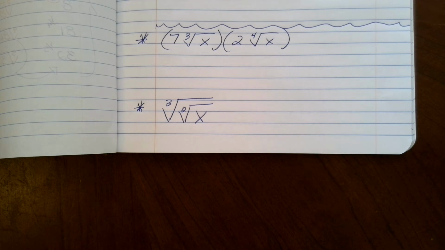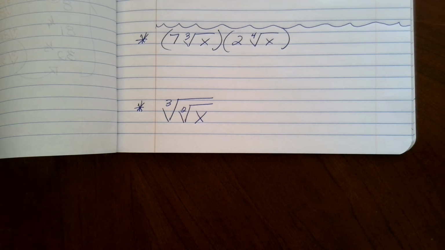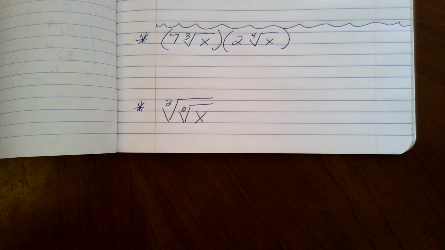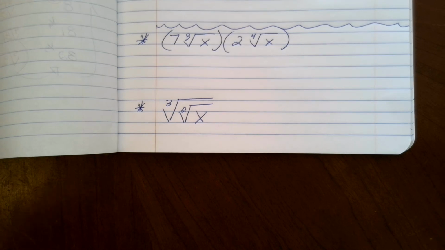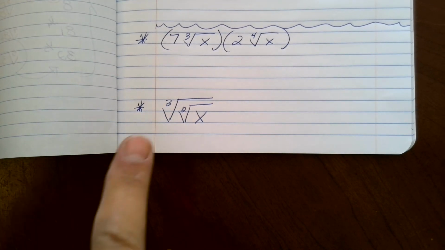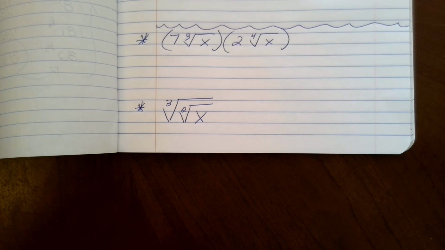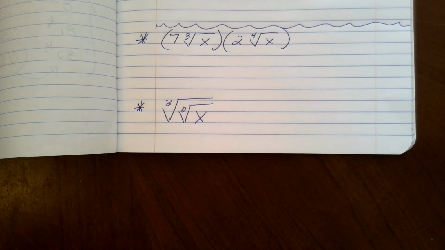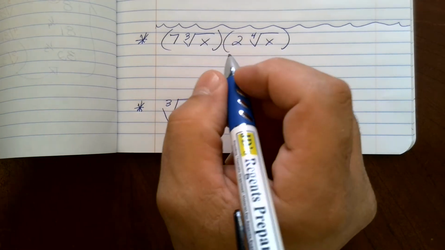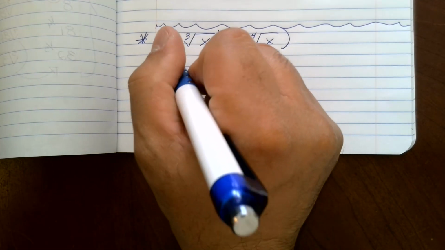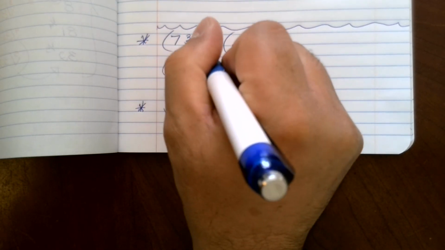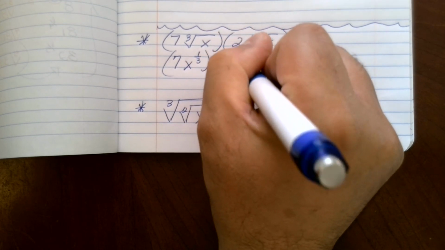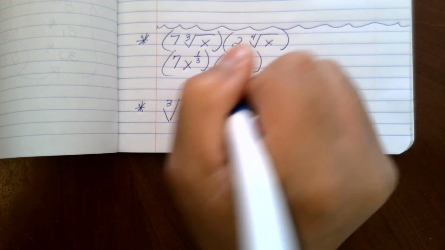Since we haven't learned any properties of radicals to multiply, at least not when the indexes are different, but we do know that these radicals are really the same as fractional exponents. And we have a lot of properties for exponents. So why don't we write this in exponential form? This would really be 7x to the 1/3 times 2x to the 1/4.